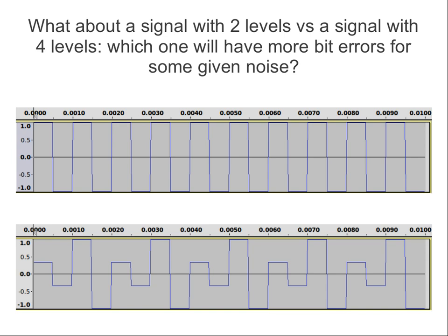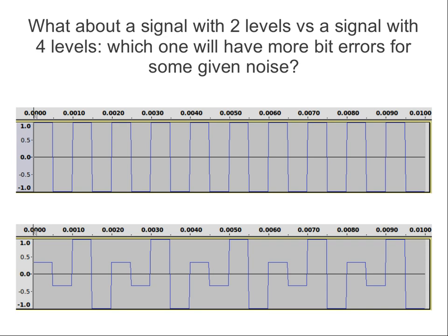Using this more complex scheme, which is shown here on the second plot, what's our signal rate first? Now looking at the second plot on the screen, here's our time scale. This is 1 millisecond, 2 milliseconds.